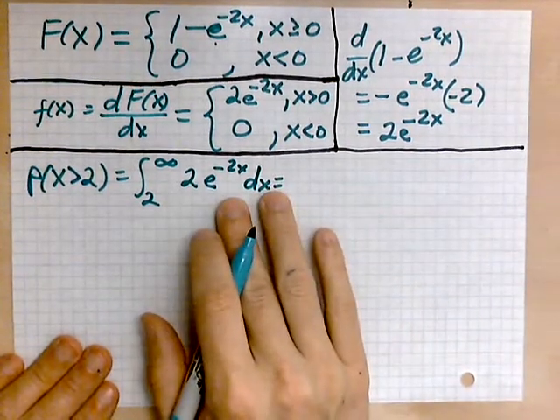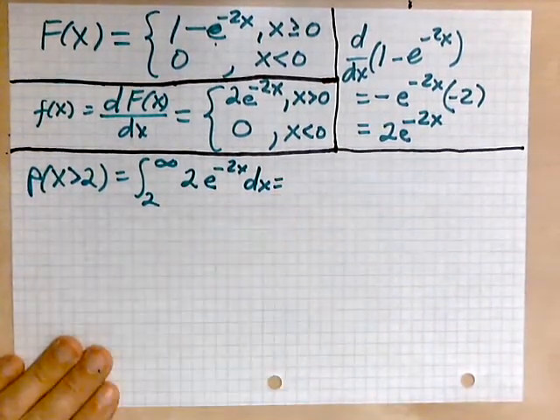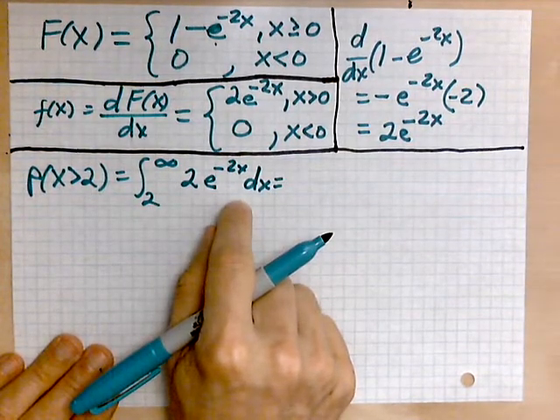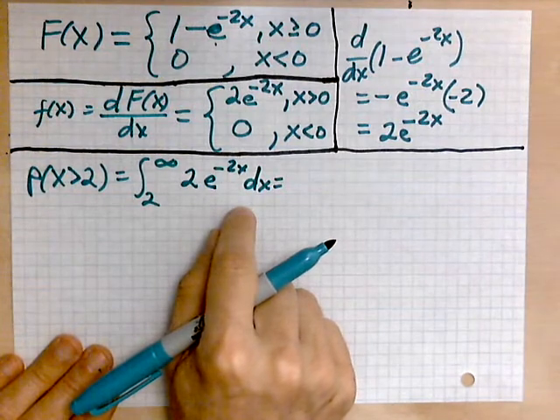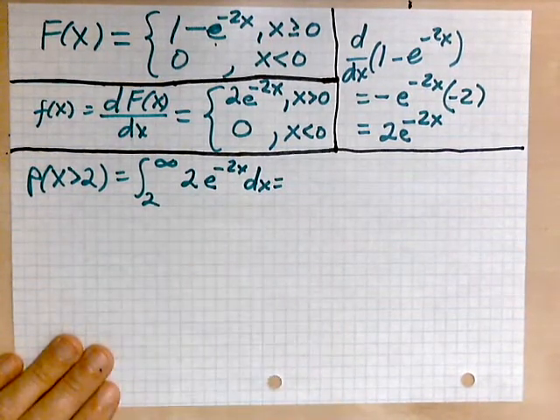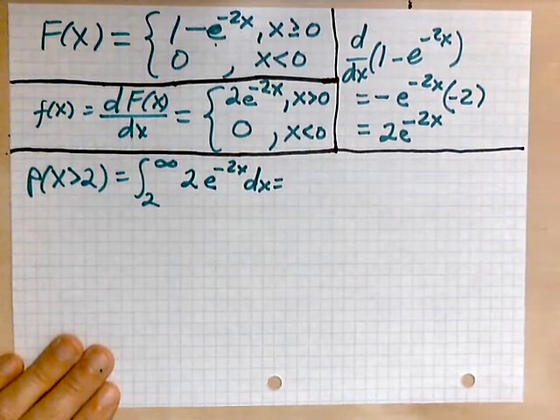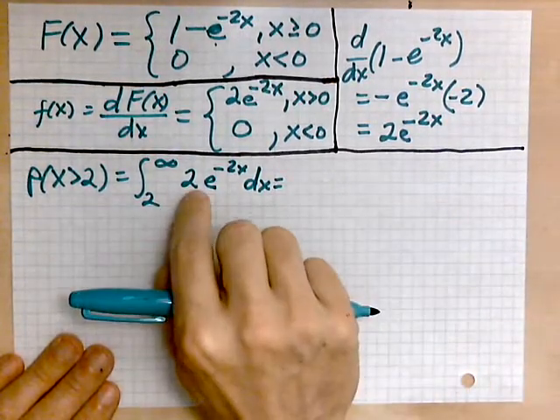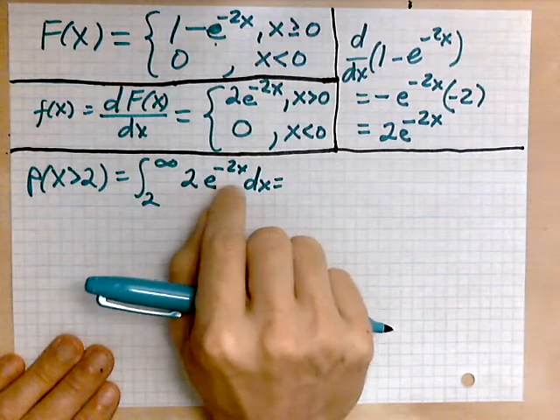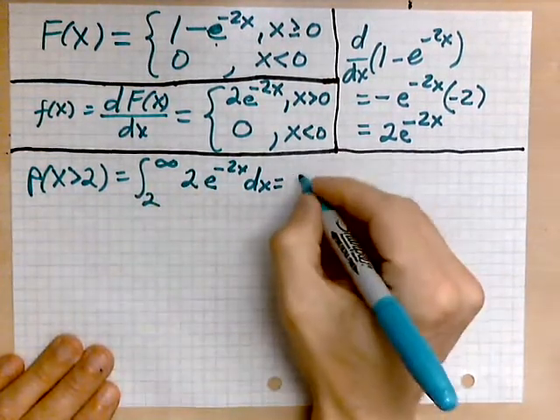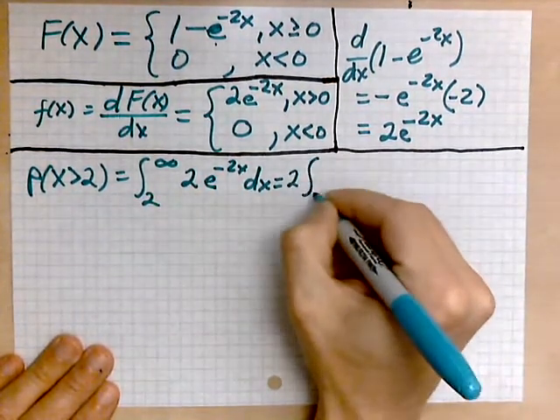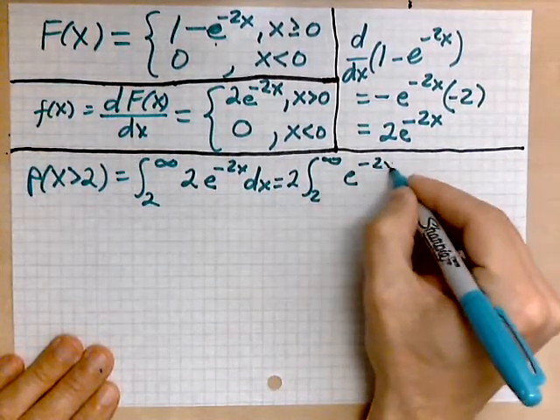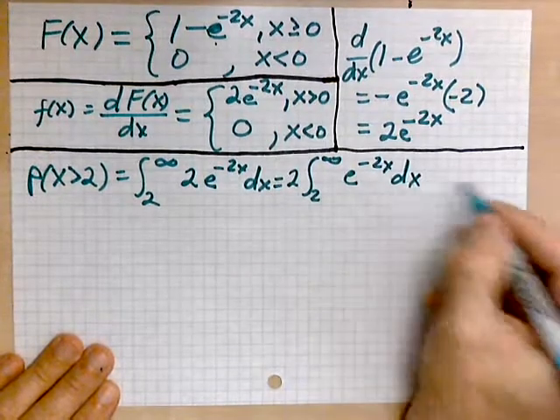Now, how do we handle this kind of integral? You can use u-substitution, or you can make the following observation. The 2 is constant, so you can pull it outside the integral. So you have 2 times the integral from 2 to positive infinity of e to the negative 2x dx.